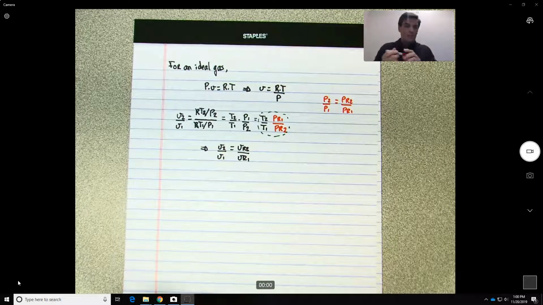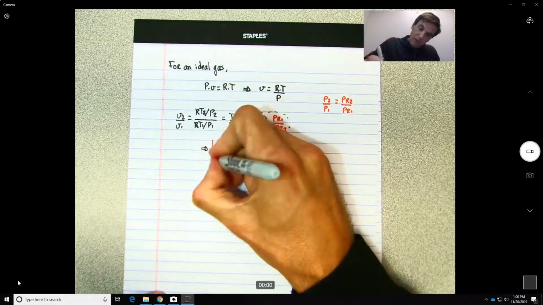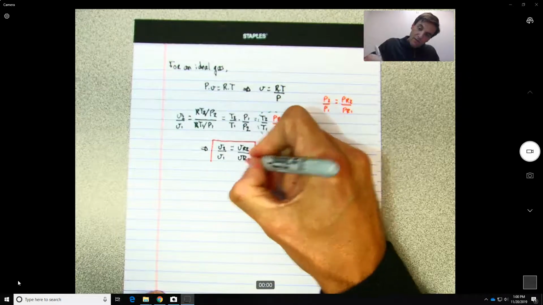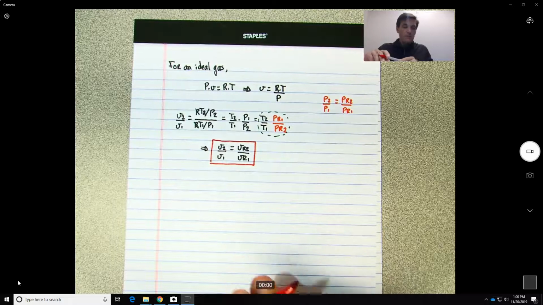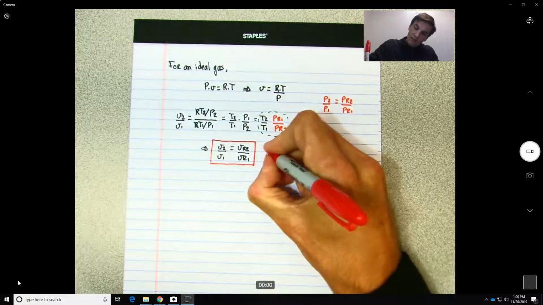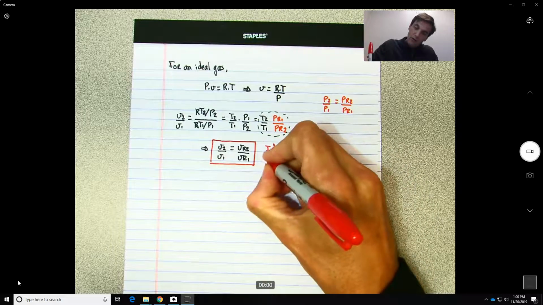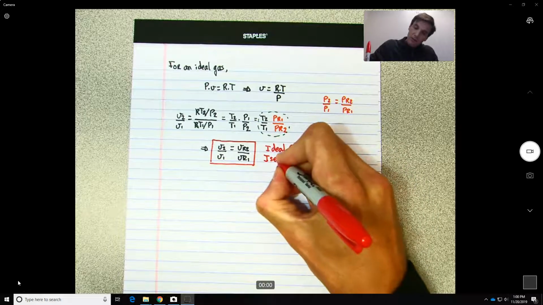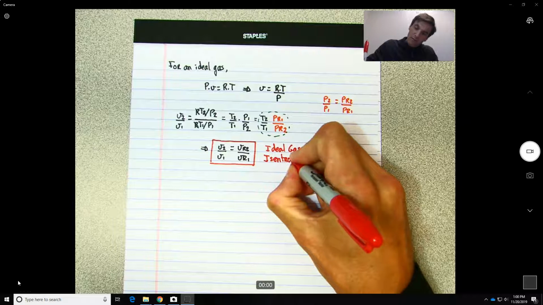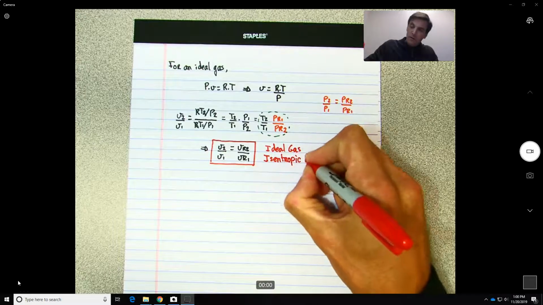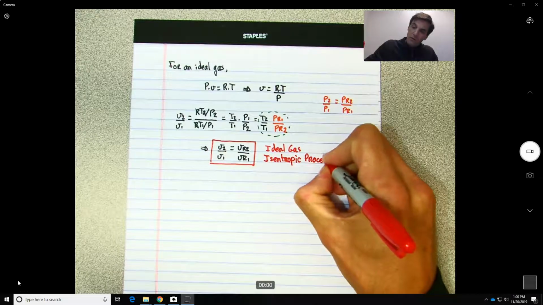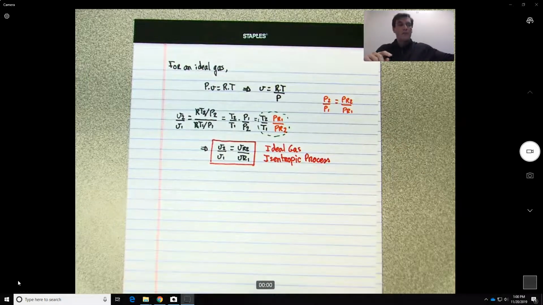Okay, so we also have this relation. Again, this is valid for an ideal gas undergoing an isentropic process.